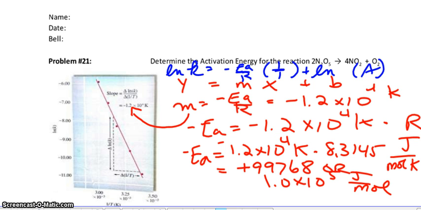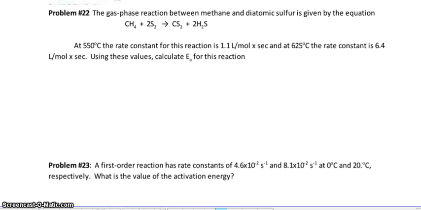Pretty clever how this works, because your Kelvins are going to cancel out, leaving you with joules per mole. You could also make this into kilojoules by dividing by 1,000, giving 100 kilojoules per mole. Isn't that the same kind of units that you would typically see for an energy? Well, yes, it is.